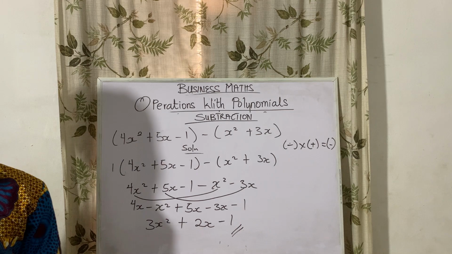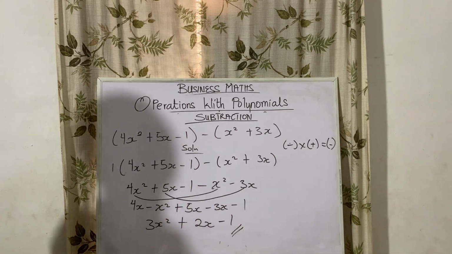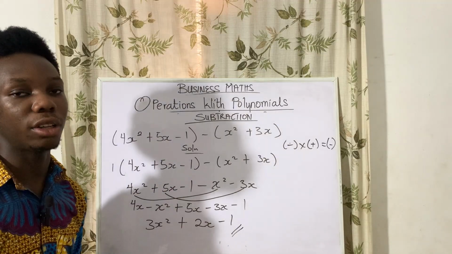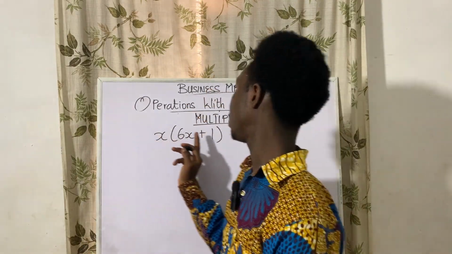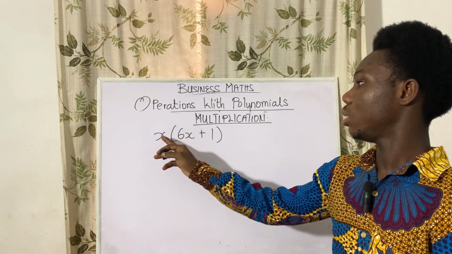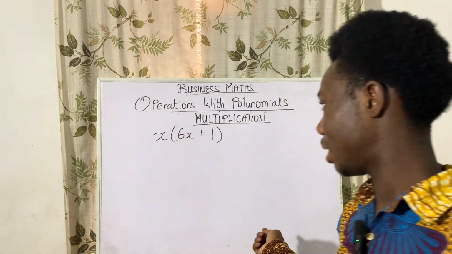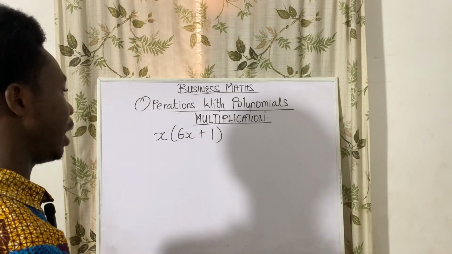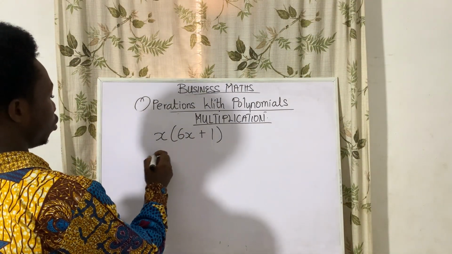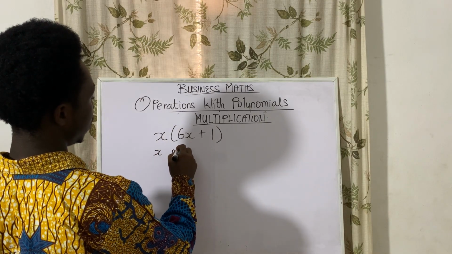Now, let's move to the multiplication operation with polynomials. So, this is the example we have over here. So, x into bracket 6x plus 1. We all know this is a simple equation. You multiply through, right? X is going to multiply, x multiplying what?